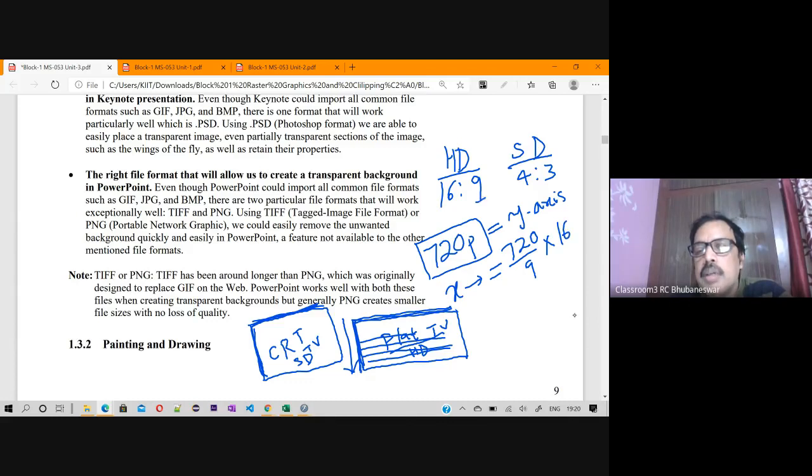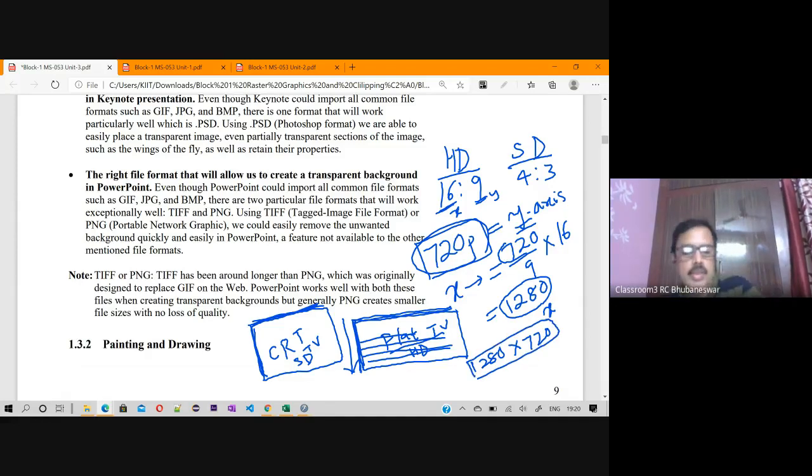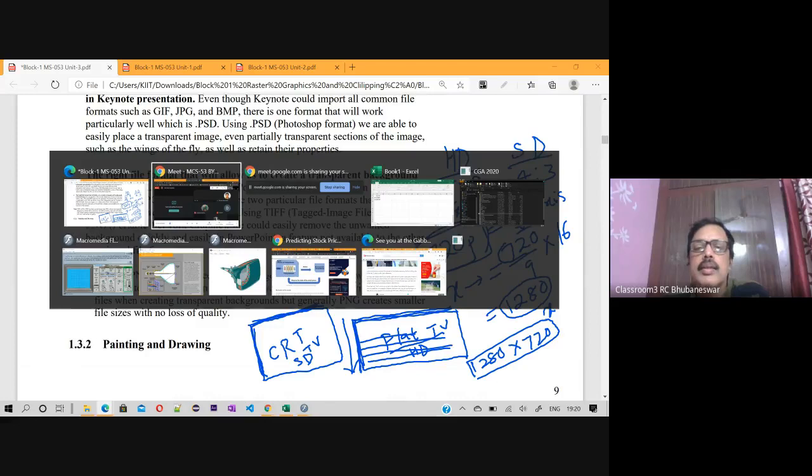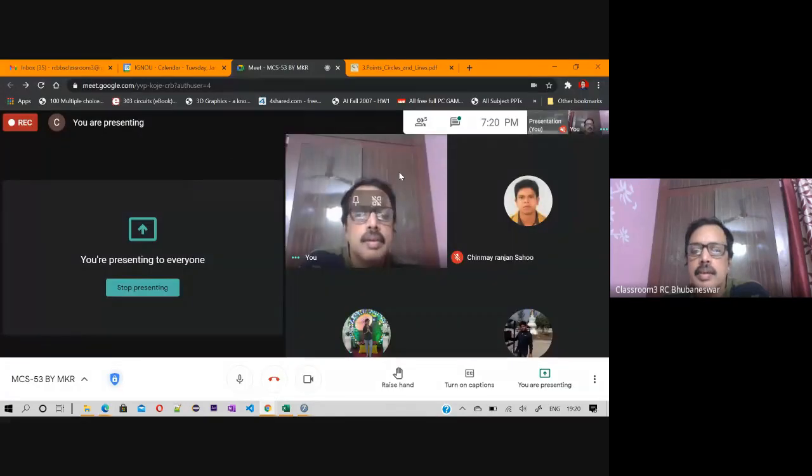Because 9 is for the y-axis, whereas 16 is for the x-axis. Computing, it is 1280. So this is the x-axis value and this is the y-axis value. The total number of pixels will be 1280 into 720. Is this clear to all of you?